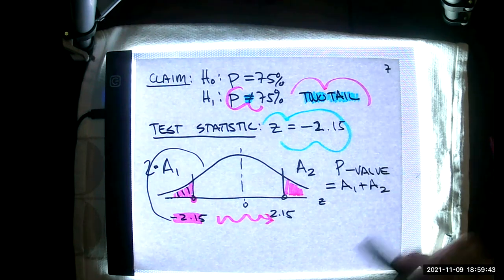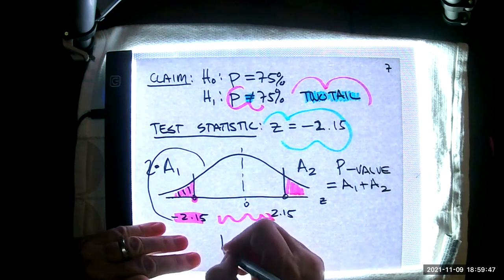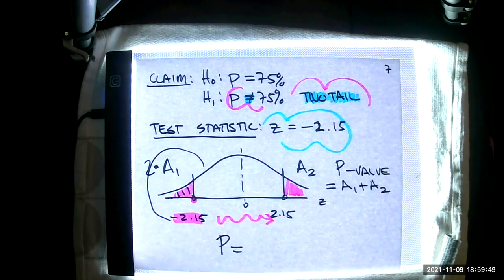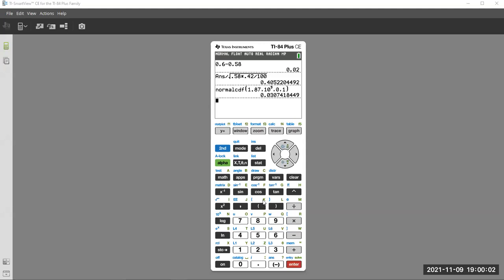So let me go ahead and do that. That's a capital P equals. Let me come back over to my other seat for the calculator. Here we go. Second distribution, find normal CDF.